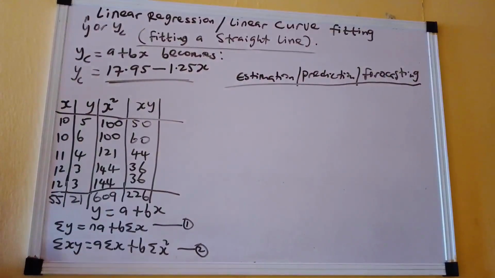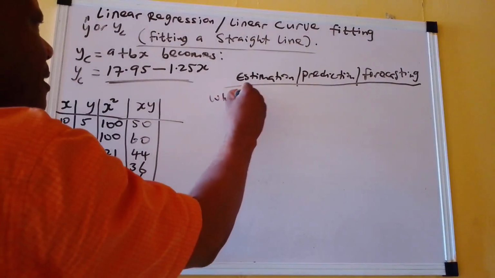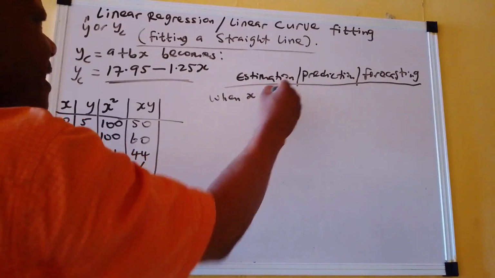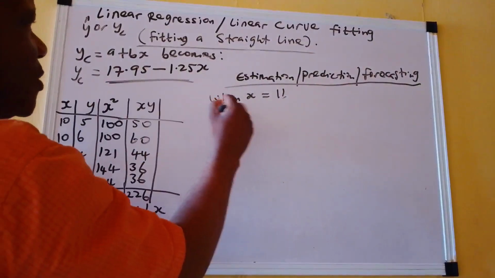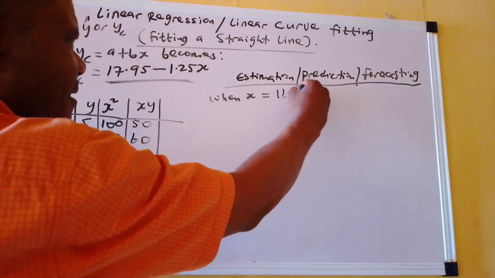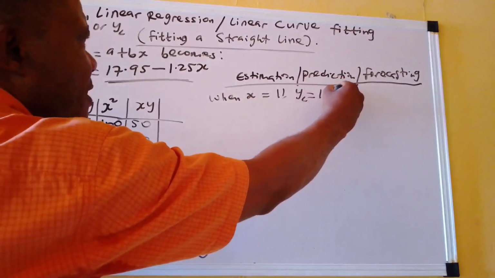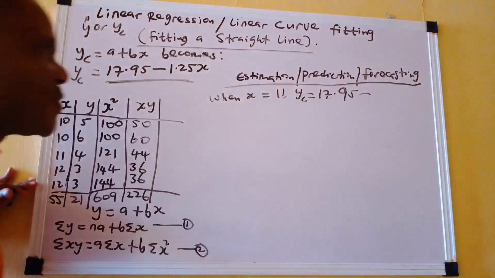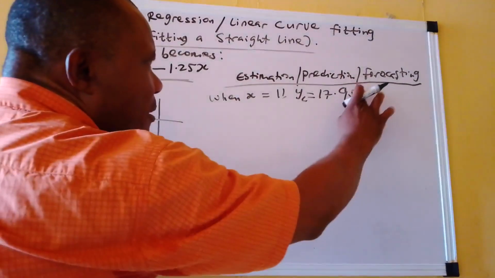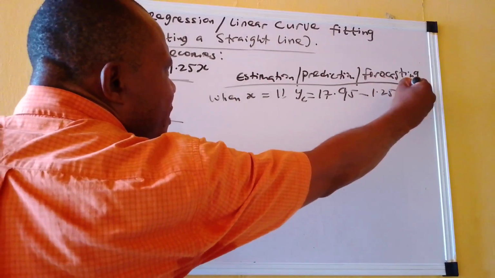So we want to carry this out now. Let's choose a value of x. When x is equal to 11, what will be the value for y? So our yc will be equal to 17.95 minus 1.25 into 11.